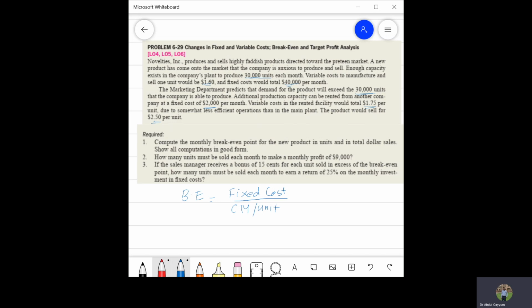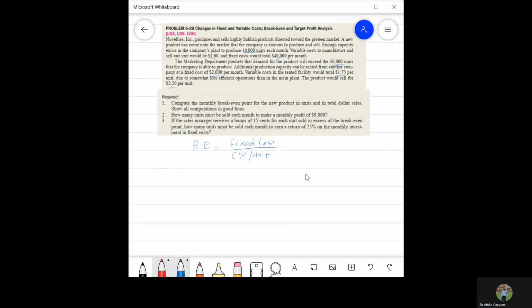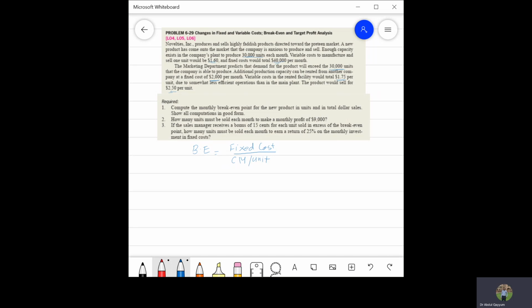So now we have two different types of fixed cost, and we have two different types of unit contribution margin. Let's first talk about our existing plant, that if we use the existing plant, what is the situation?